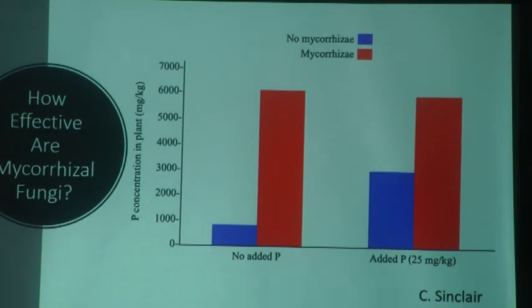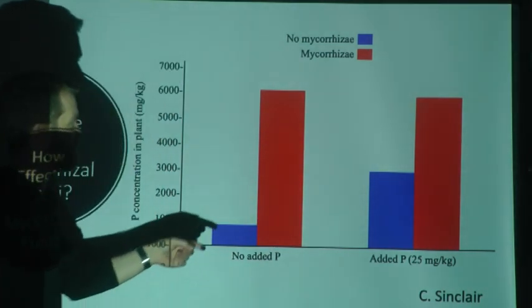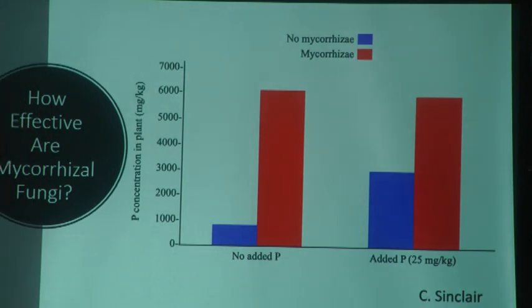Some of the plants were inoculated with mycorrhizae, and other plants not. This graph over here has added phosphorus. And you can see that there's more phosphorus that ends up in the plant with mycorrhizae present, regardless of how much phosphorus is added.